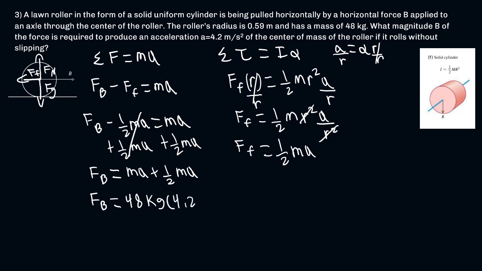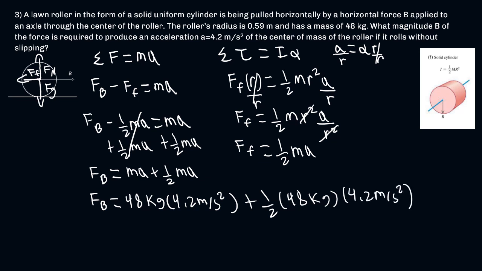So that is 4.2 meters per second squared. Plus now just 1/2 of that, so 1/2 of 48 kilograms times 4.2 meters per second squared. Alright, so let's plug this into our calculator and we should end up then with our applied force here.